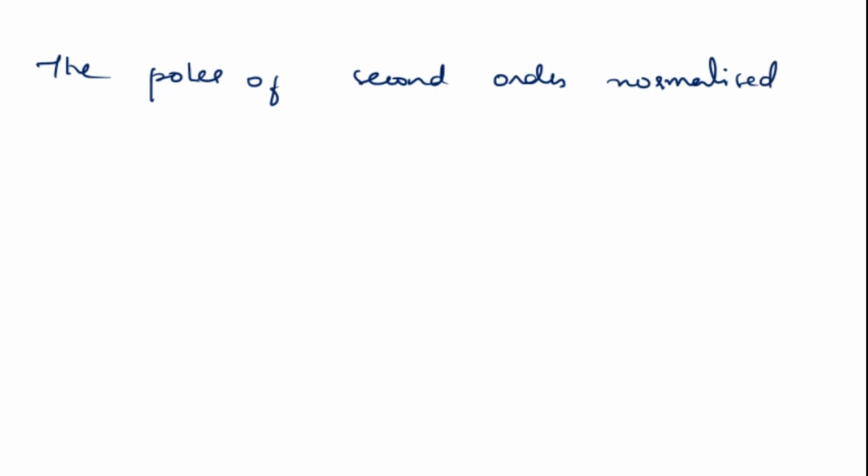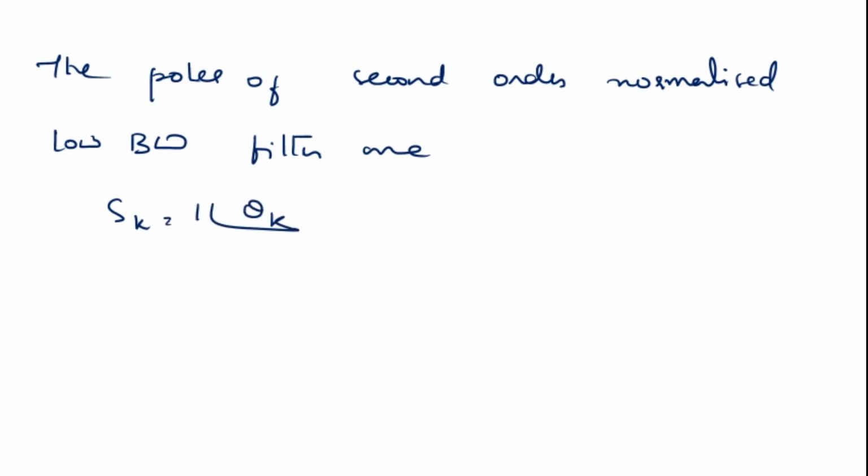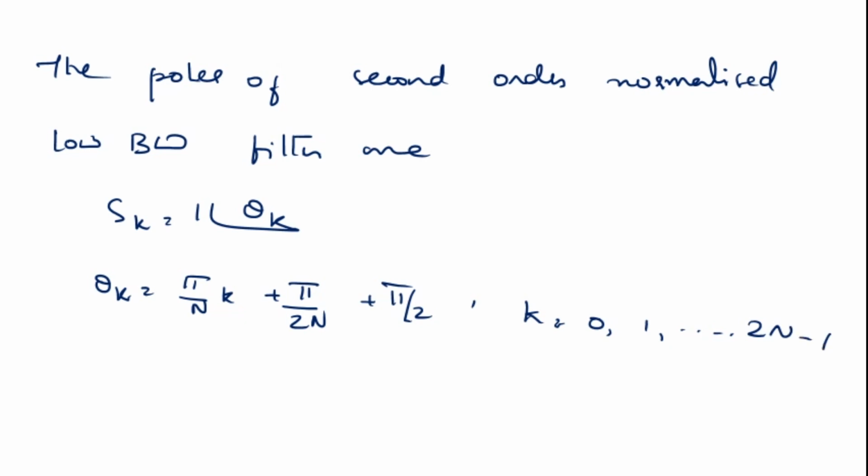Then the poles of the second order normalized low-pass Butterworth filter are, we know, Sk equal to 1 at an angle of theta k, where theta k is equal to pi by n into k plus pi by 2n plus pi by 2, where k varies from 0, 1 up to 2n minus 1.